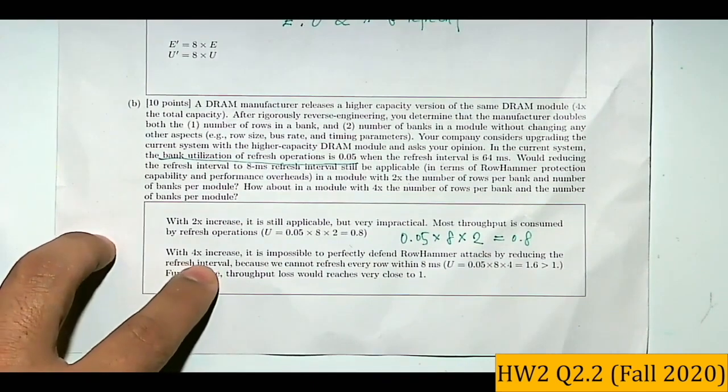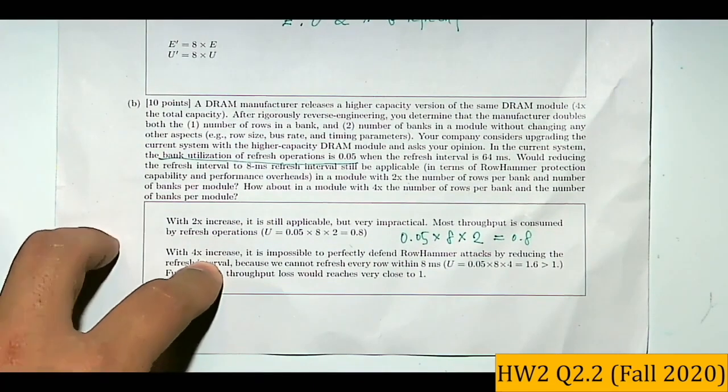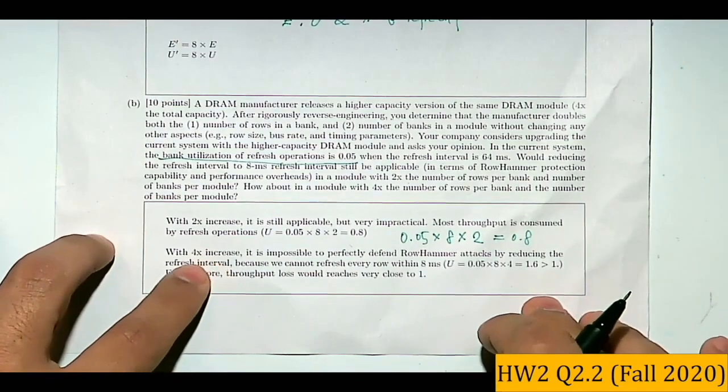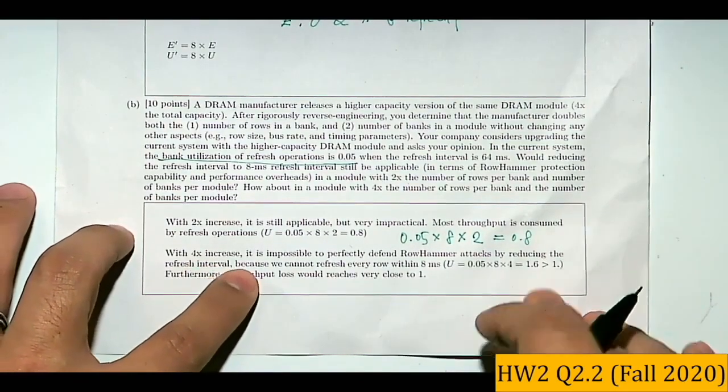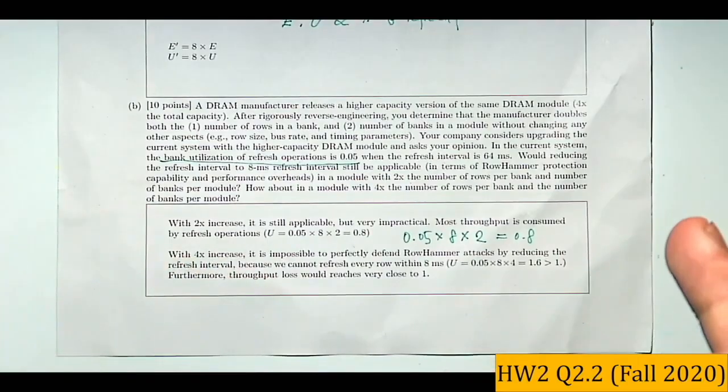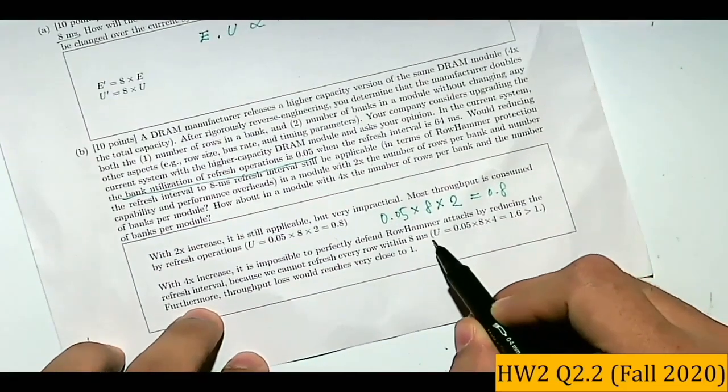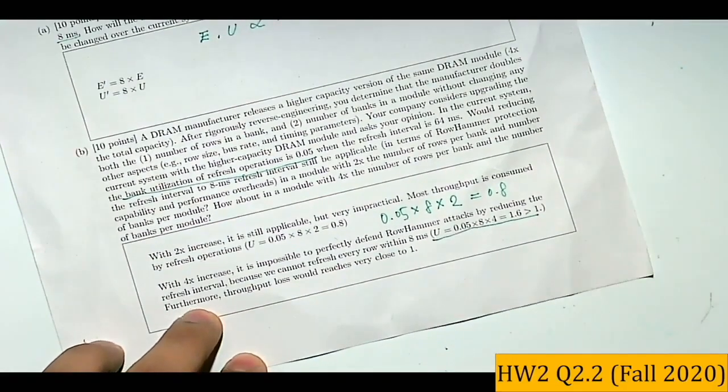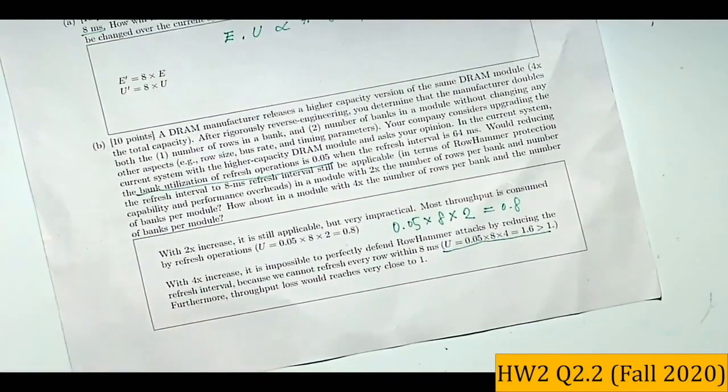And if the number of rows and number of banks increase to 4x, it is impossible to protect. Actually, it is impossible to reduce the refresh interval to 8 milliseconds because bank utilization becomes larger than 1. It means that even if we spend all the time on refreshes, we cannot refresh every row in a module.